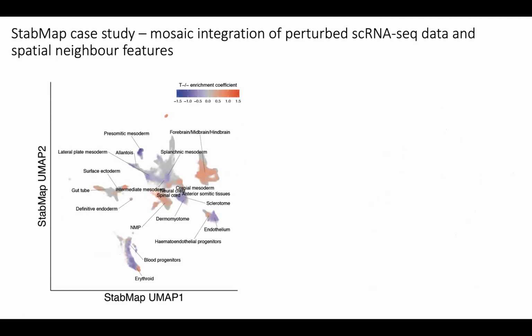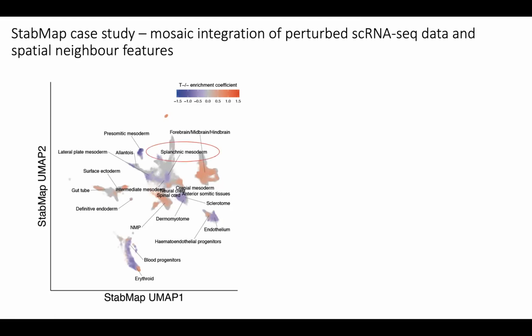And some of these things, we found were quite highly consistent with what was already known and what was previously published. So things like the somites, we found that there was an enrichment of these knockout cells over in the somitic tissues.